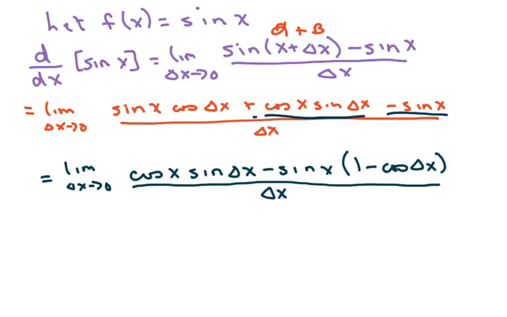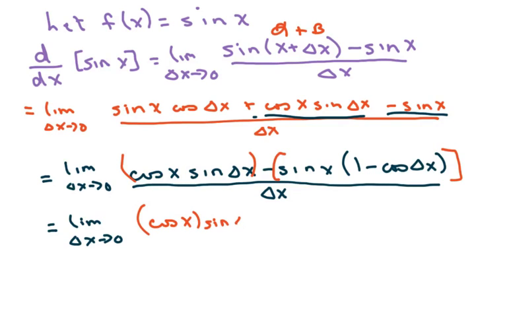Okay, now what I'm going to do is go ahead and use my difference rules for differentiation and split this up. So that's going to be cosine of x times sine of delta x all over delta x. I'm writing it like this because we already know that this equals 1.